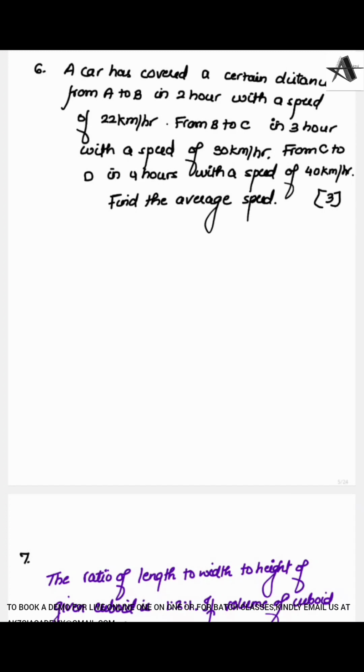To calculate the average speed, the formula is total distance covered over total time taken. So this is the formula that I'm writing here. Average speed is total distance over total time taken.